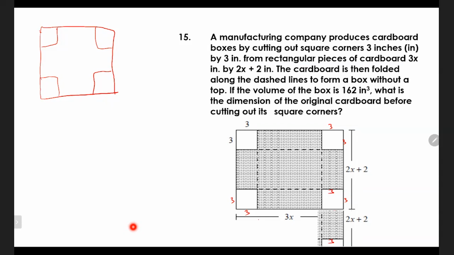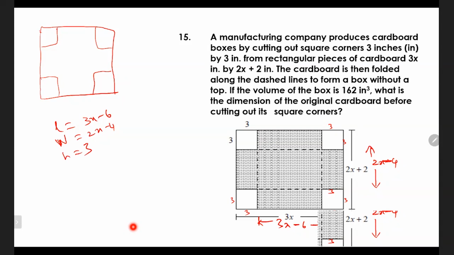So what is this length equal to? 3x minus 2 3's, so 6. What is the length here? 2x plus 2 minus 6, that is 2x minus 4. So length of the box that we get is 3x minus 6, width is 2x minus 4, and height is 3.